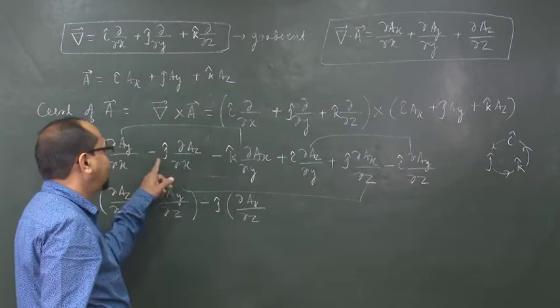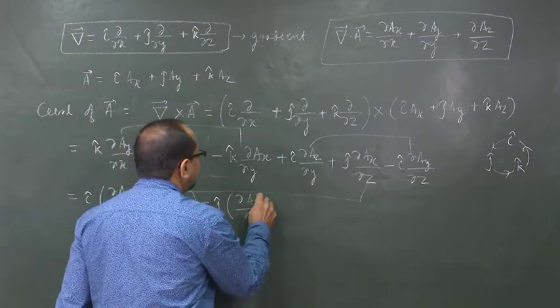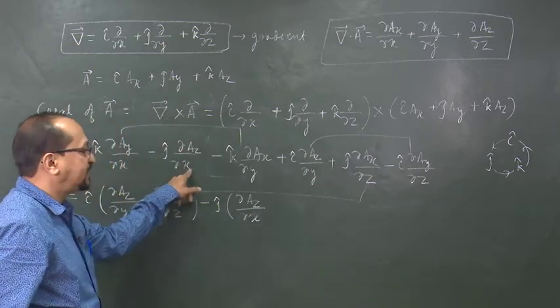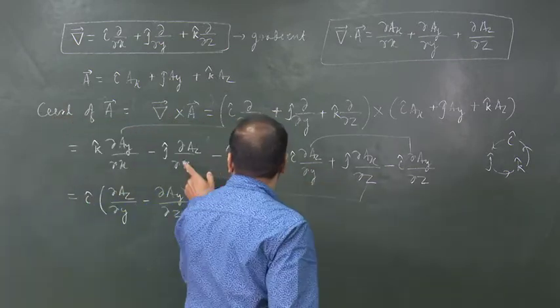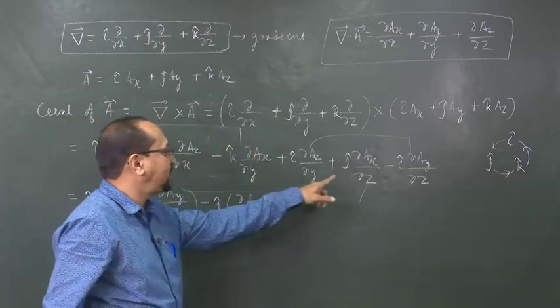taking minus as common, your minus j cap into del a z by del x, and if we take minus common, this will become plus and this will become minus.